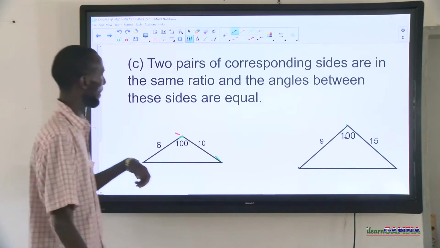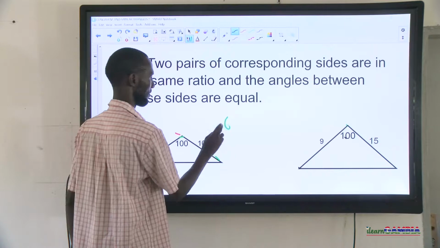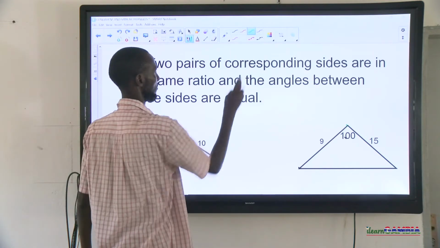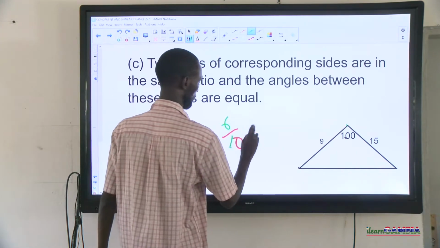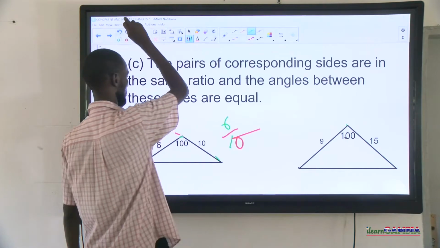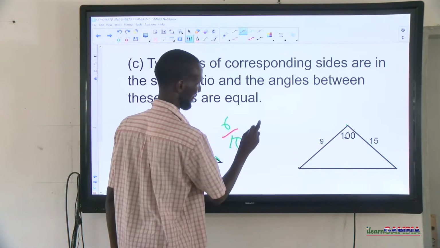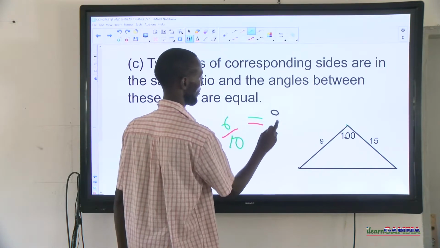But how about the ratio of the sides? If you took 6 over 10, and if you simplify that, would that be equal to the other triangle, which is 9 over 15?